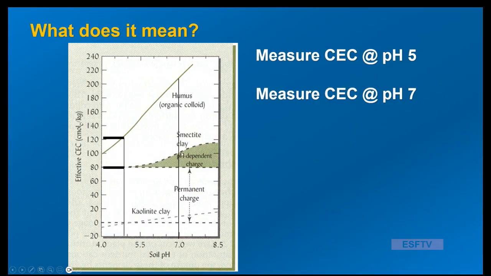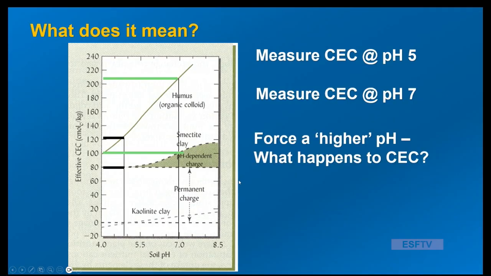We have some pH-dependent charge, but that pH-dependent charge is huge for humus, right? We're up around 210 centimoles of charge per kilogram. Okay, so again, effective CEC is determined at the pH of the soil. And this shows the magnificent change and the magnificent impact of organic material on CEC compared to smectite, which is a silicate clay.